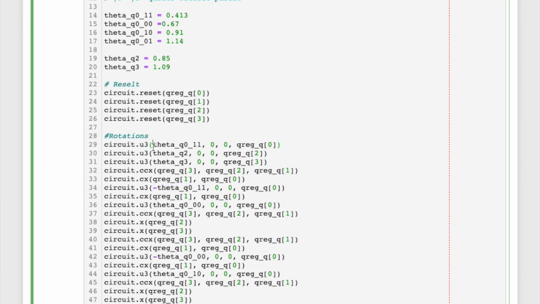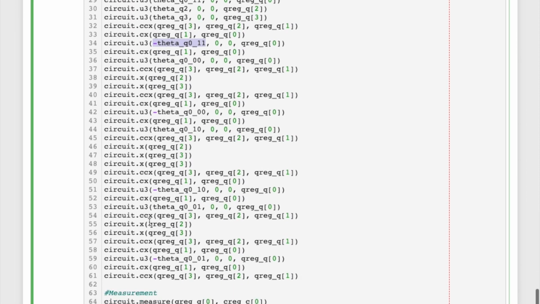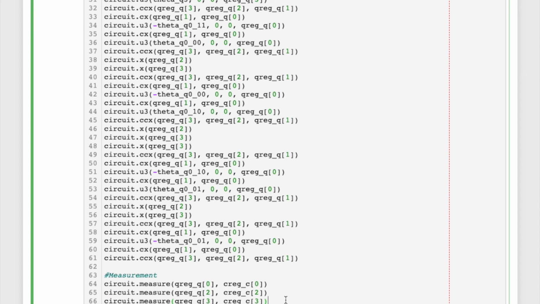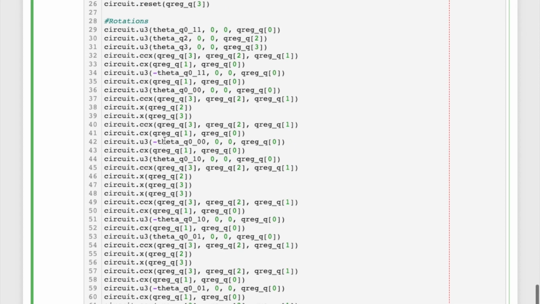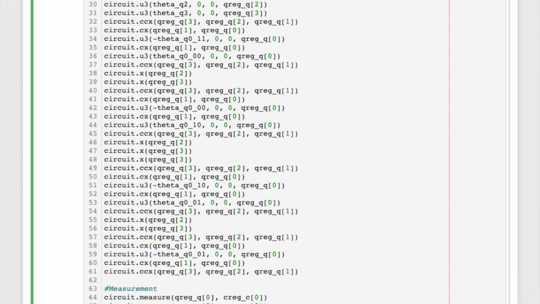It's going forward, checking if the ancilla qubit is put into 1, and if so, turning it back, rotating it to its original position. By doing so, we create this whole circuit systematically, and in the end we measure 0, 2, and 3.